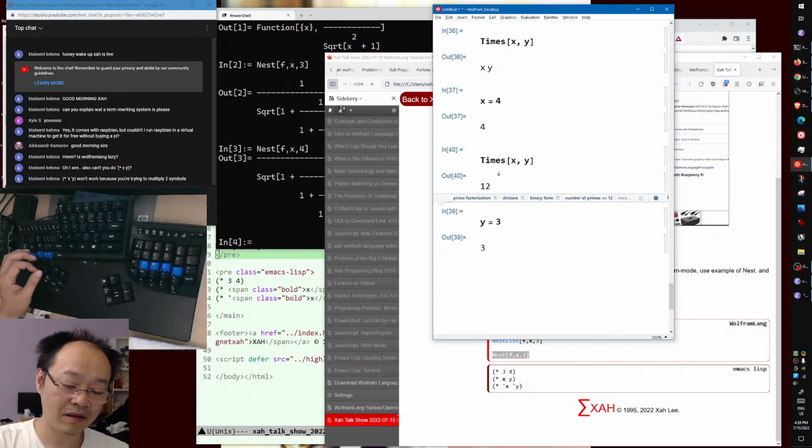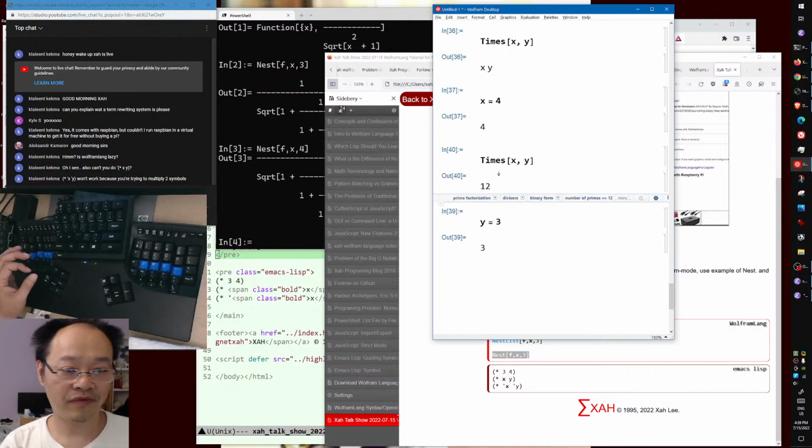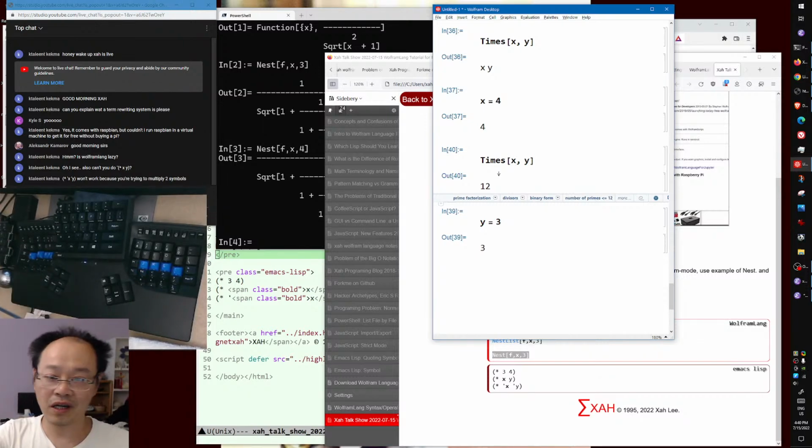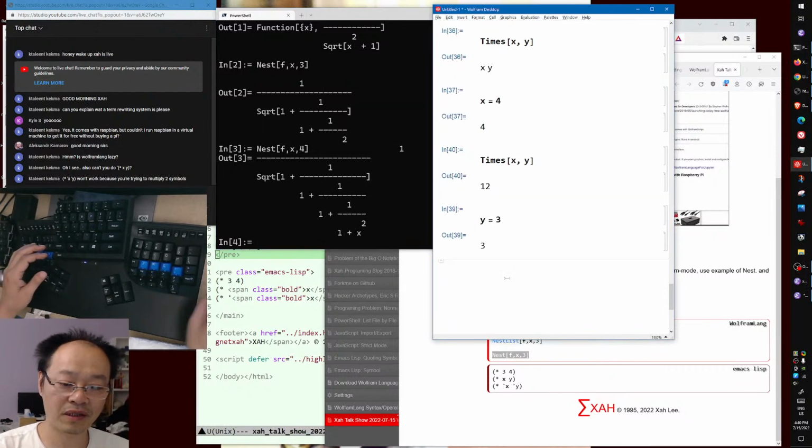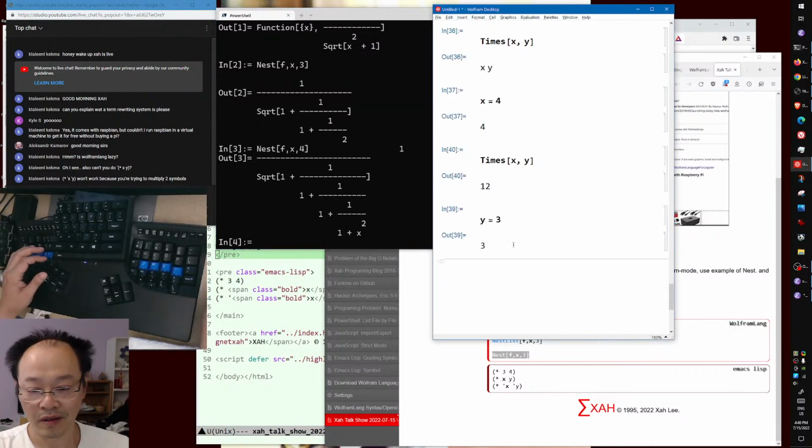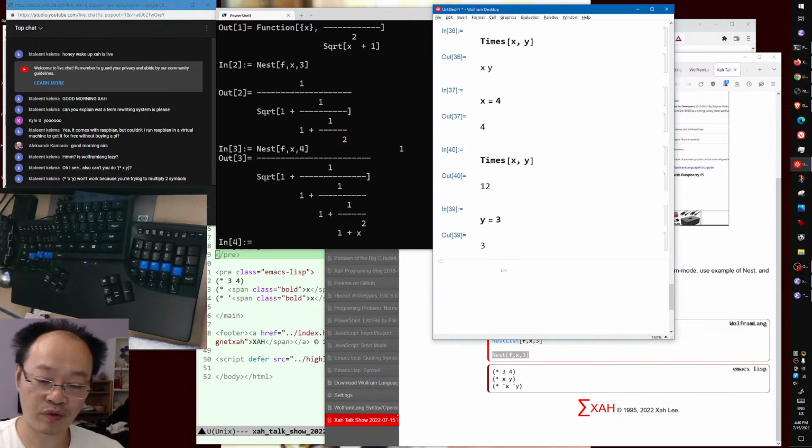You see, that's the symbols. If a symbol doesn't have a value, it's going to compute anyway. It's just going to return the symbolic result. So this part is more advanced than Lisp. Lisp doesn't do that. Your symbols have to become a value. Otherwise, it refuses to return it.